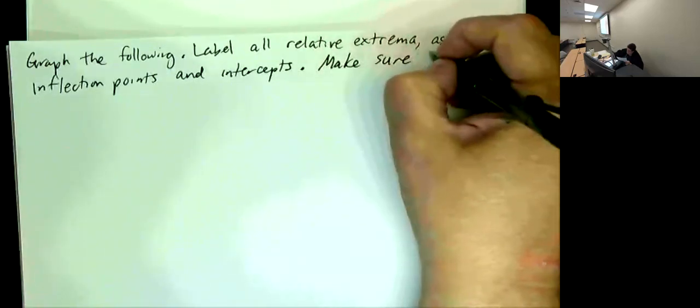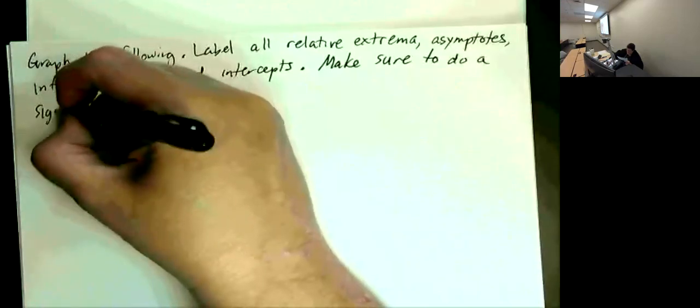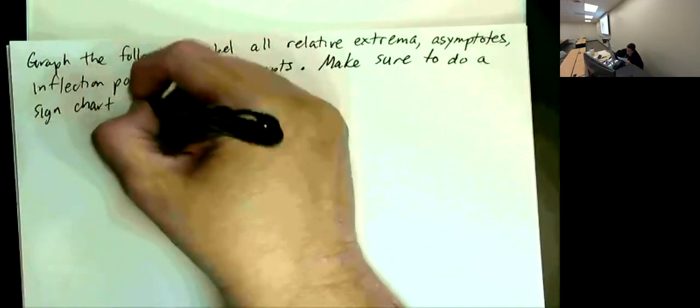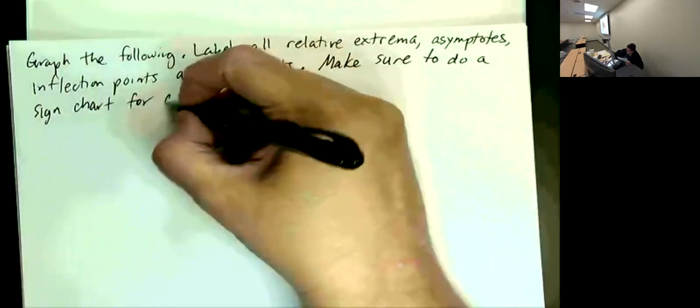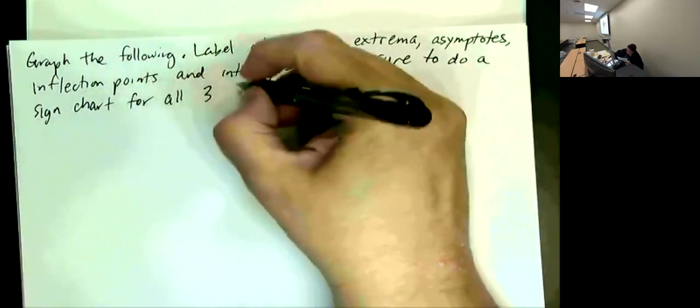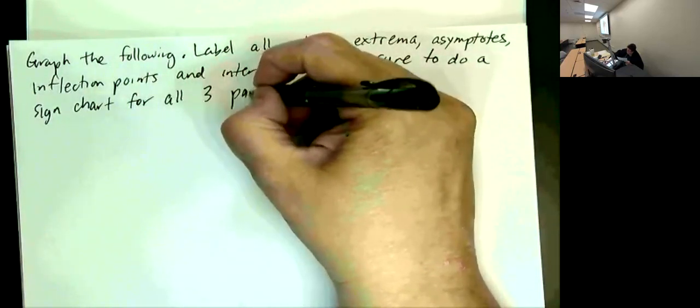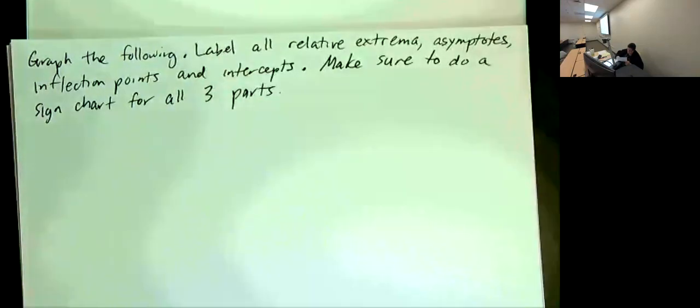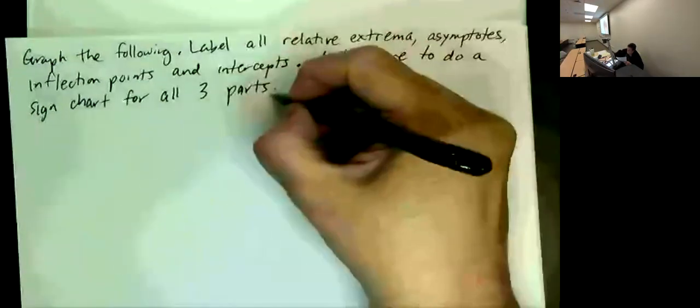It explicitly tells you to make sure that you do a sign chart for all 3 parts, and be accurate with respect to concavity.